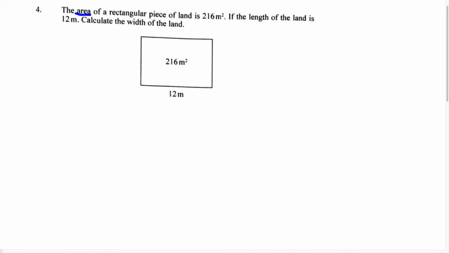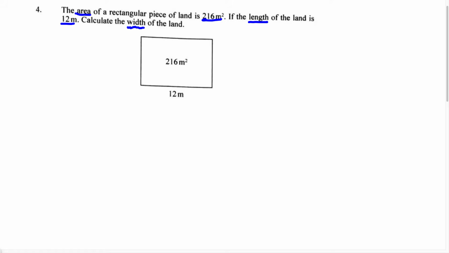It says the area of a rectangular piece of land is 216 meters squared. Then it says if the length of the land is 12 meters, so they give us the length. They want us to calculate the width of the land.